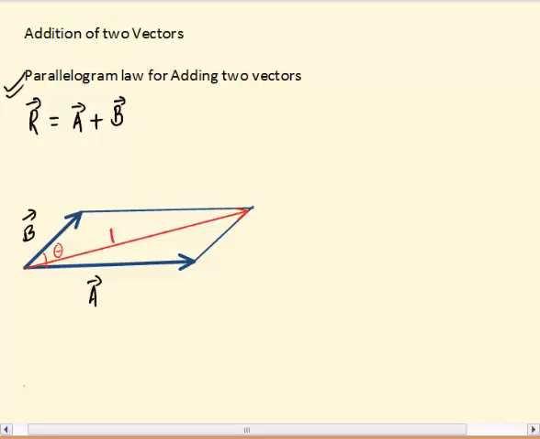This is R vector, which is A vector plus B vector as suggested by this law.